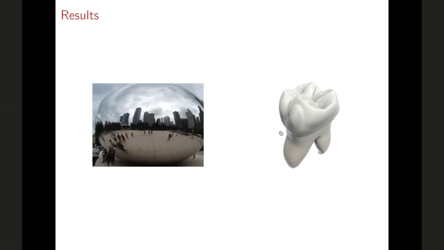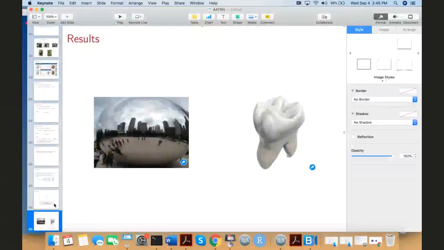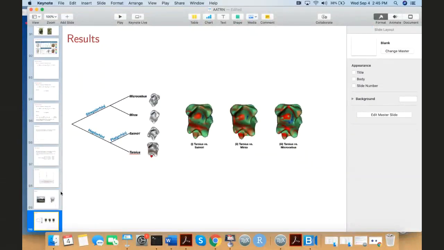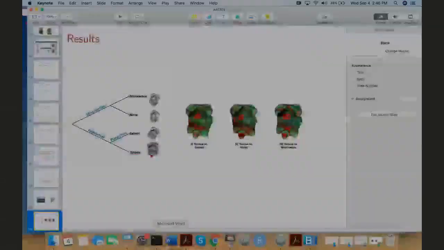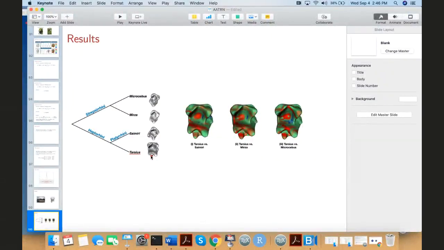Okay. So we also thought about some real data, and let me just make this a little bit bigger. I'll go back and forth. So we know that in the tarsier, which is a type of primate, there is this paraconid.